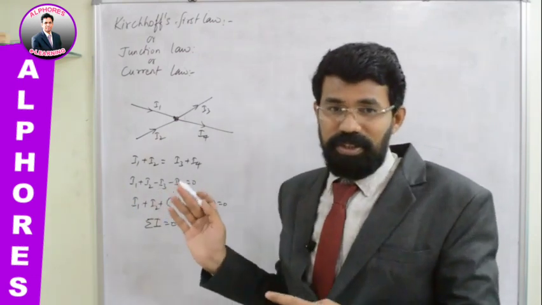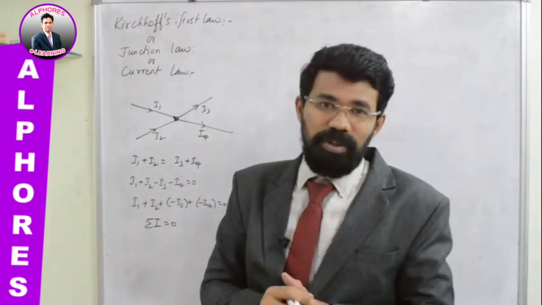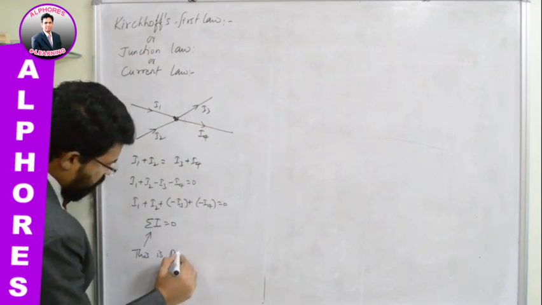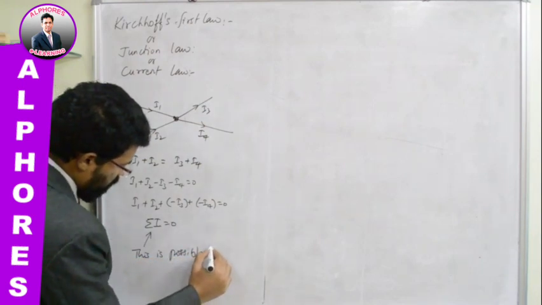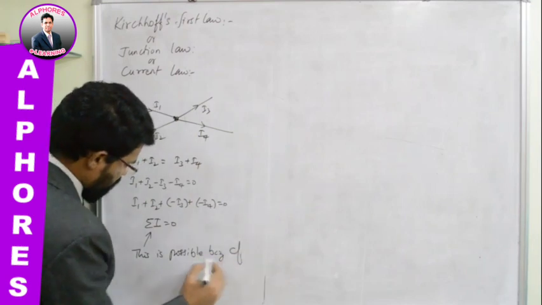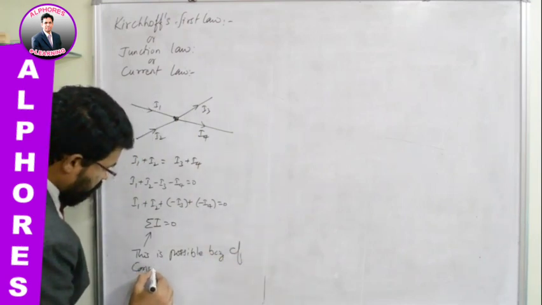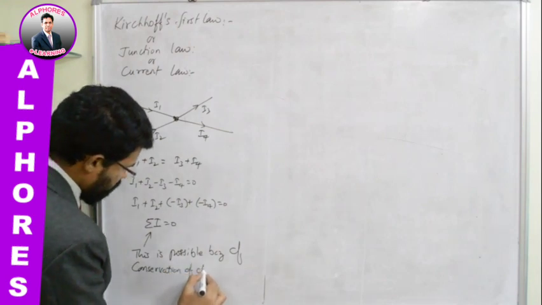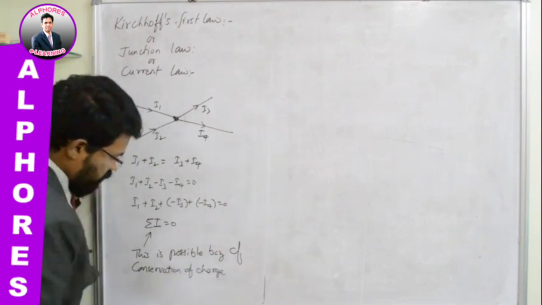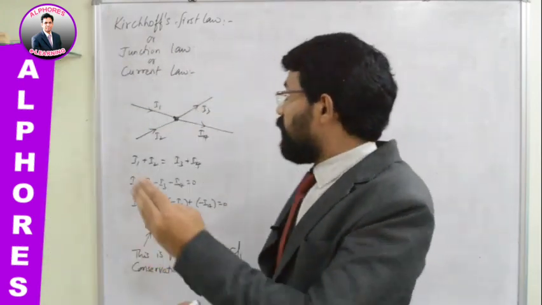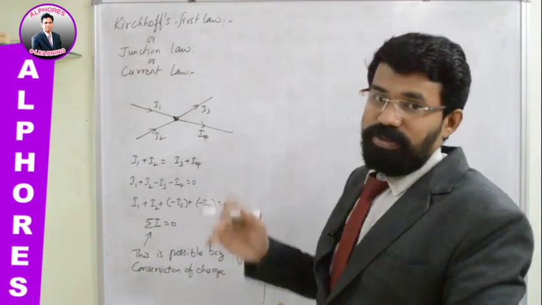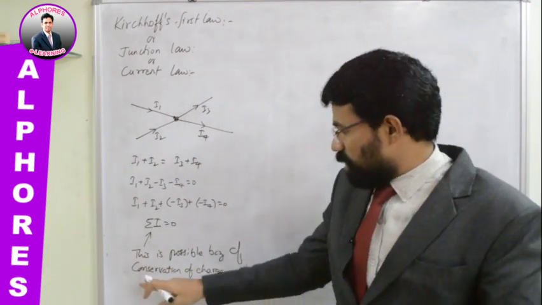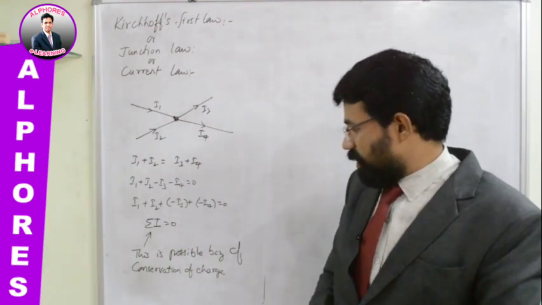So Kirchhoff's first law is possible because of conservation of charge. The amount of charge flowing towards the junction is equal to the amount of charge leaving the junction. So this law is possible because of the law of conservation of charge.